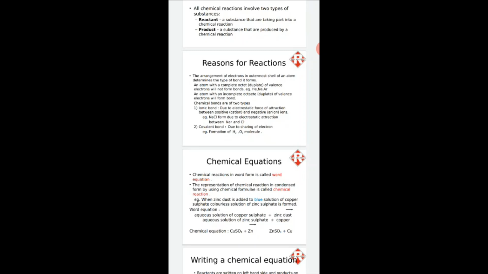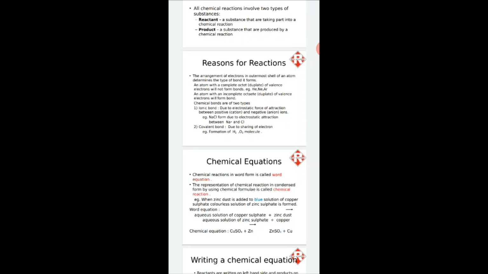Below we focus on ionic bond and covalent bond. Especially for completing the duplet and octet state, when electrons are donated, gained or shared, that is when bonds are formed.